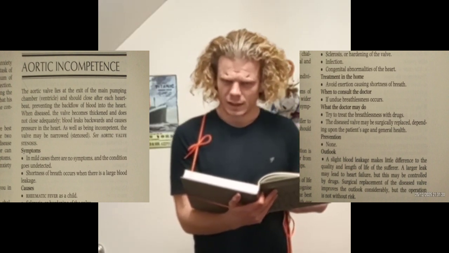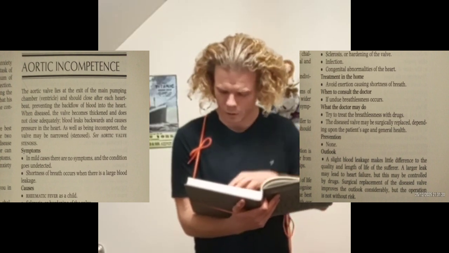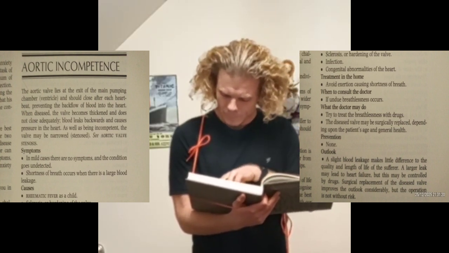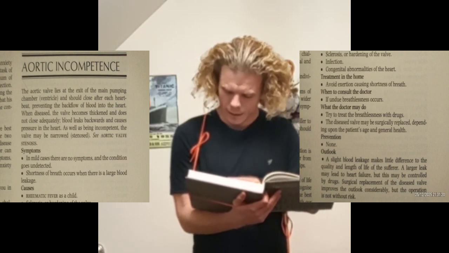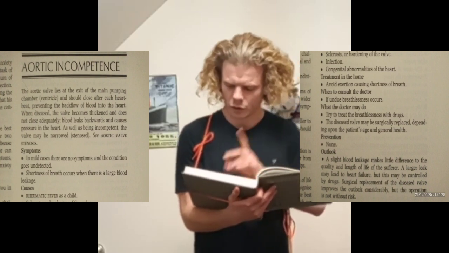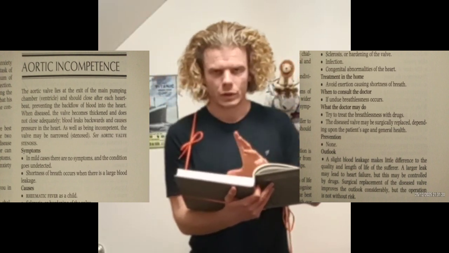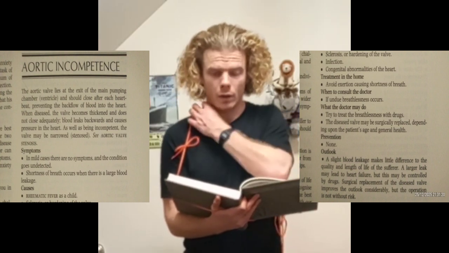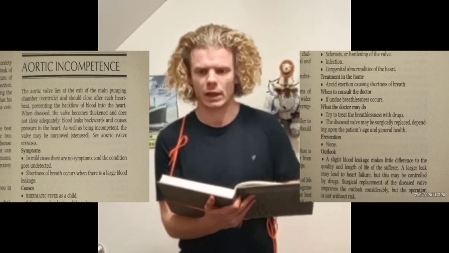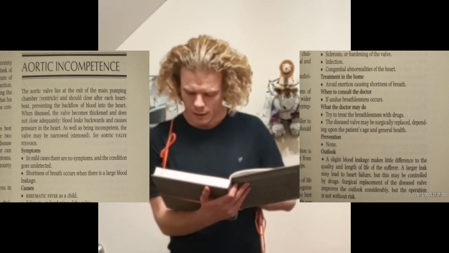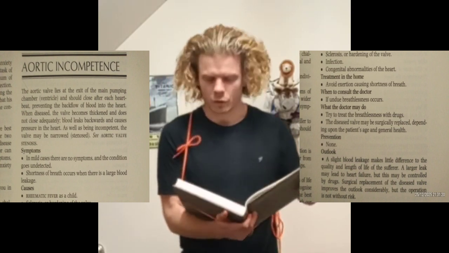Or narrowed. Let's say we just say it is not working properly. It doesn't close properly. And in mild cases, no symptoms, otherwise shortness of breath. Causes: sclerosis or hardening of the valve, rheumatic fever as a child, infections or congenital, and there is medication and replacement.